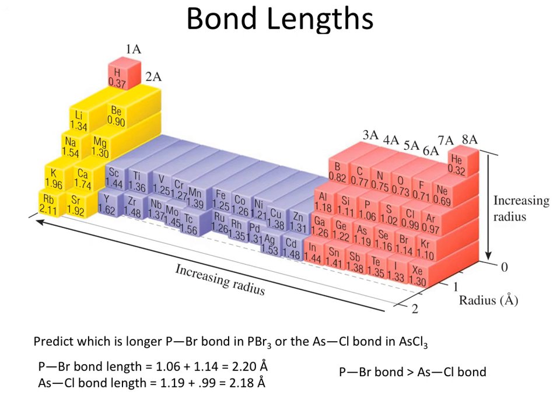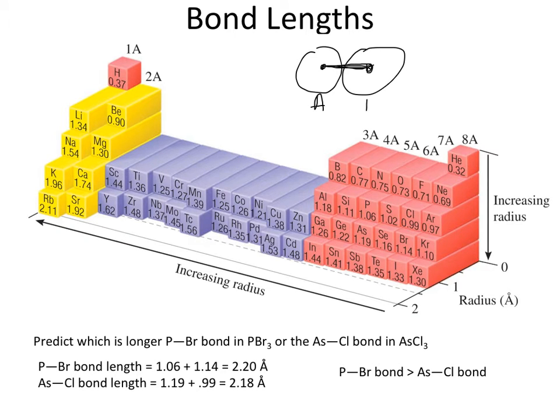So here we have a table of radii for all the different atoms. If I gave you a table like this, I may ask you to compare bond lengths of different molecules. Remember, the bond distance between two atoms is basically going to be the sum of the two radii.